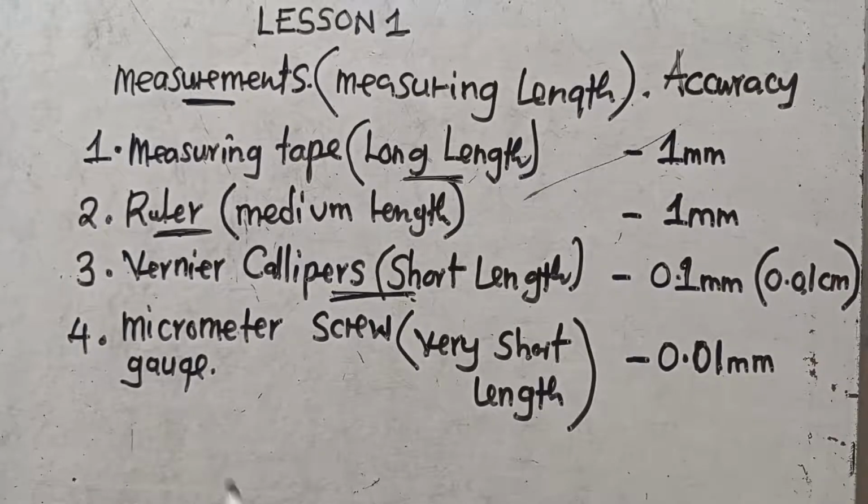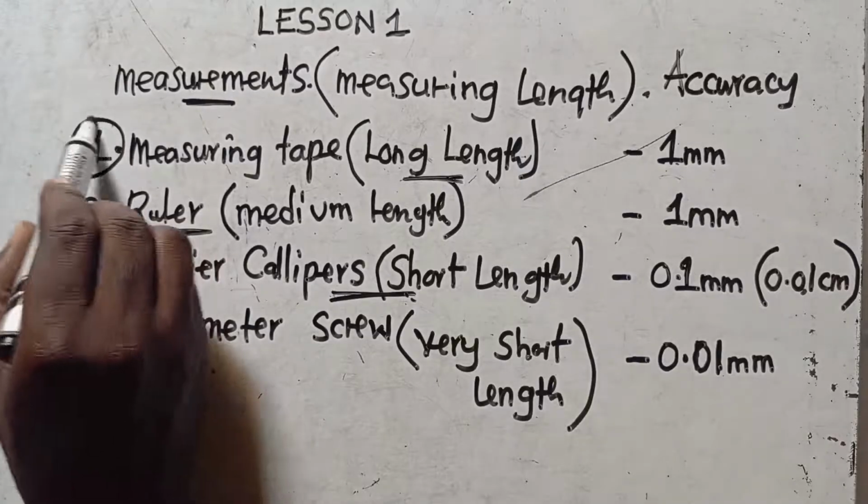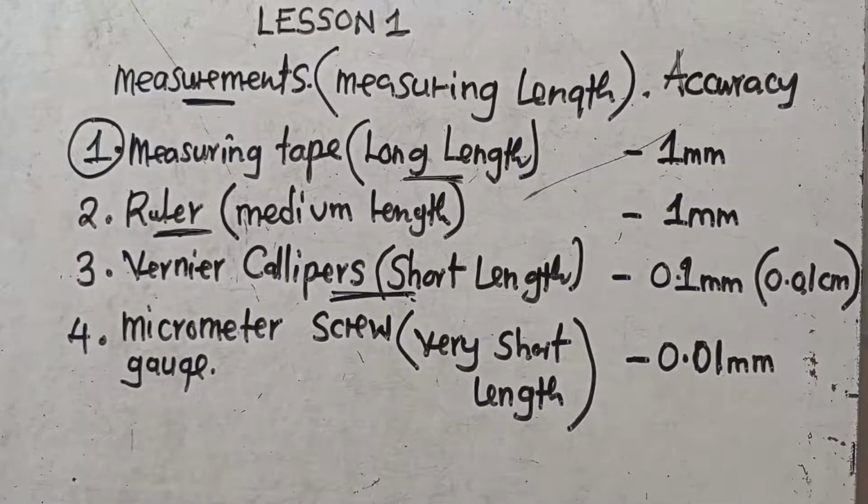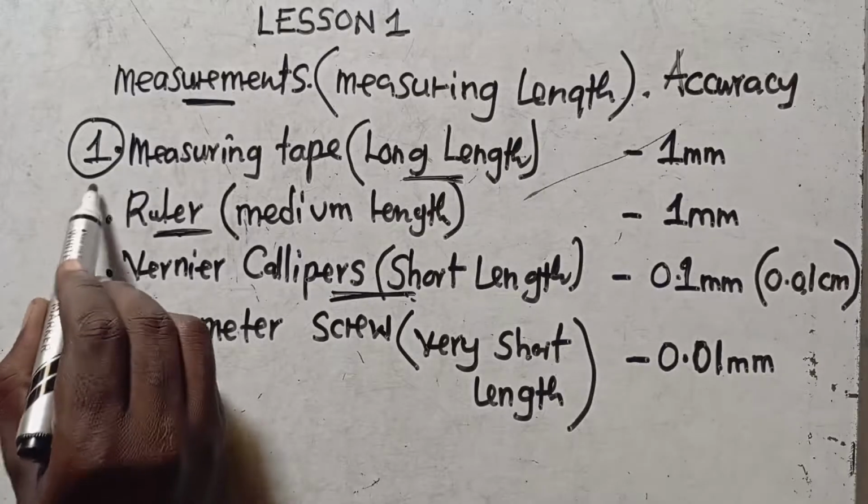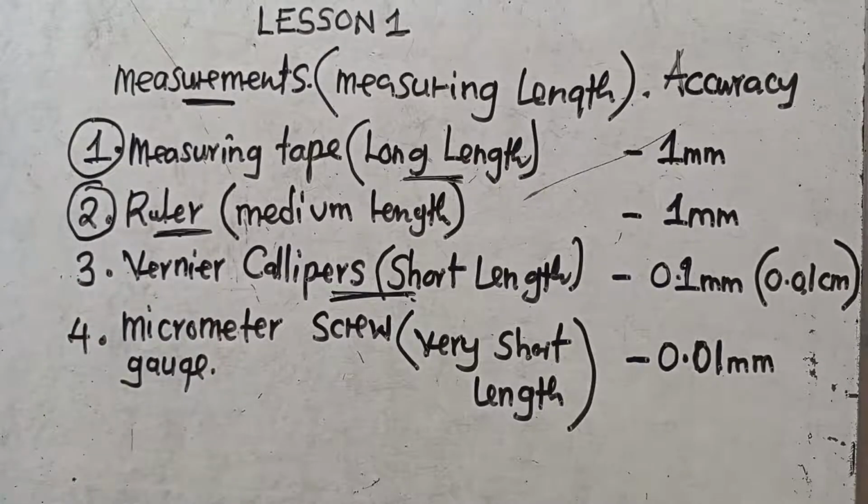On the first and second, a measuring tape and a ruler, we can all measure something using them. That's not something so difficult. These are very simple, you just need to know how to go about them.